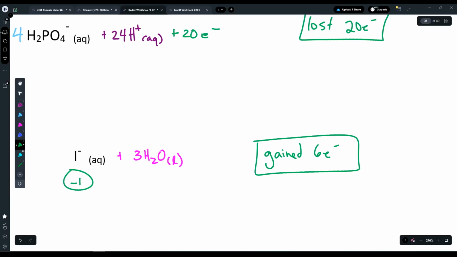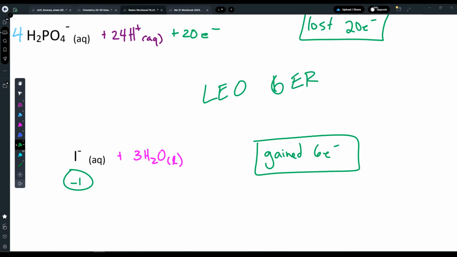Okay, so this half reaction that we just balanced, that would be a reduction reaction, because remember, Leo the lion goes grr. Okay, gain is reduction, or gaining electrons is reduction.